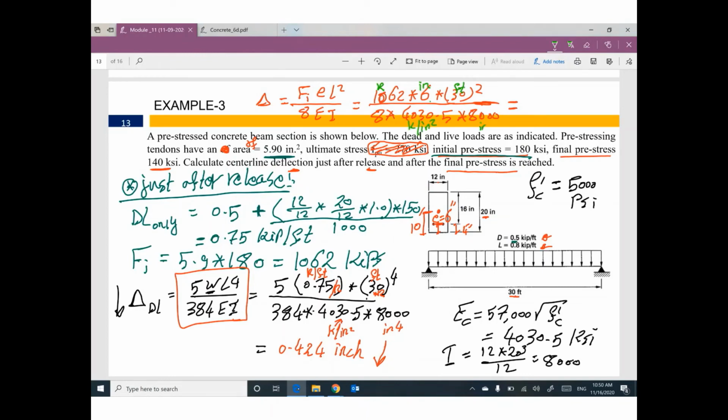This one in inch to the power 4. Looks like everything is in kip, that's fine. But we have some in feet and some in inch. I need to keep everything in inch, so I need to multiply 30 by 12. So the final value will be 3.2 inch upward.